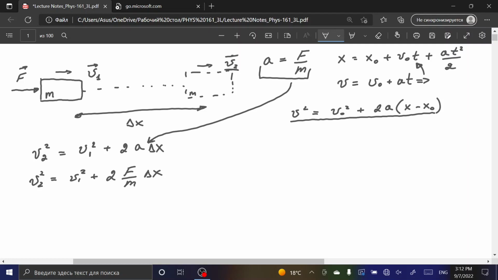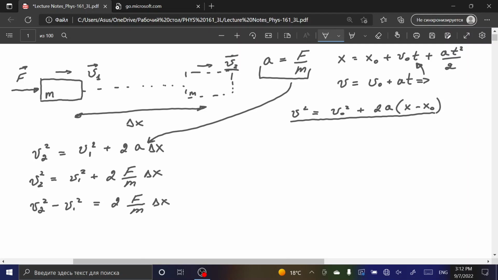Now let us move this v1 square to the left. It will be v2 square minus v1 square equal to 2 times F divided by m times delta x.